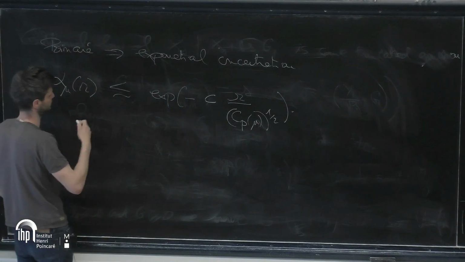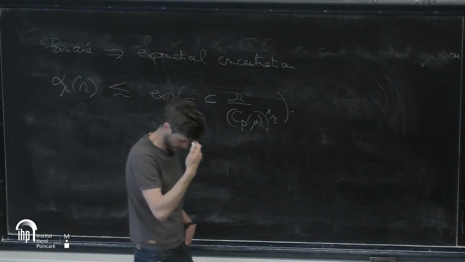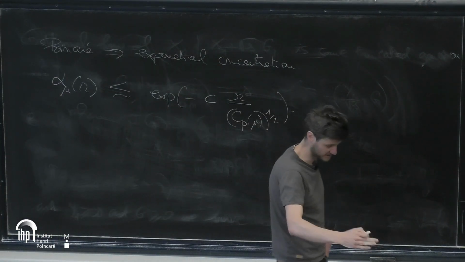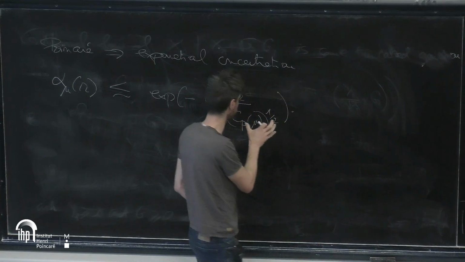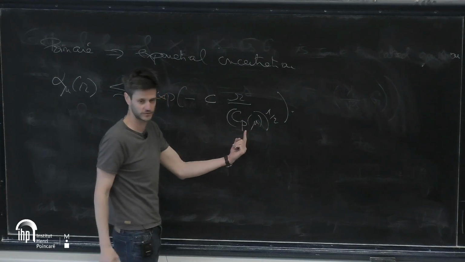So Poincaré implies exponential concentration in a quantitative way: the best constant in the exponential concentration is governed by the Poincaré constant.